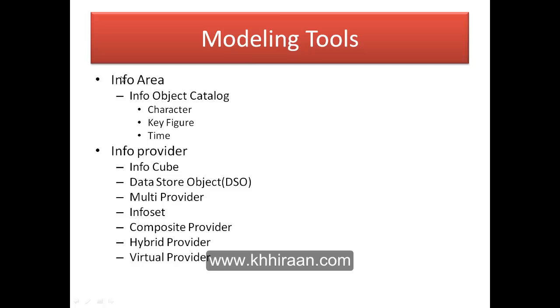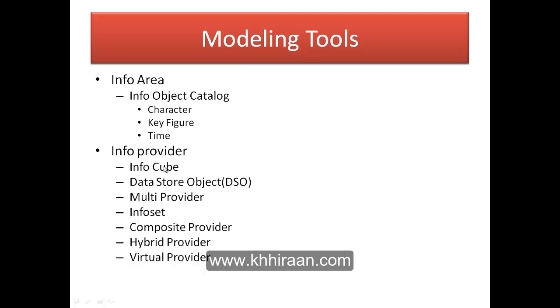Apart from this, the next level is called InfoProvider. Basically, we call these the data targets. Under InfoProviders, we have InfoCube, data store object, which is called DSO, a multi-provider or InfoSet, a composite provider, a hybrid provider, a virtual provider.